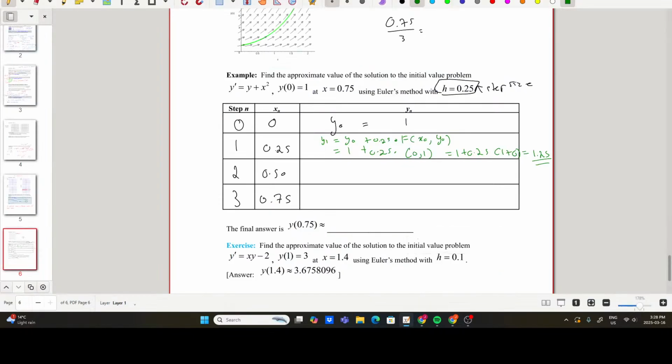So y2 is going to equal y1, which is 1.25, plus our step size, 0.25, multiplied by f of whatever these two values are. This is where the tough part comes in. f of what?